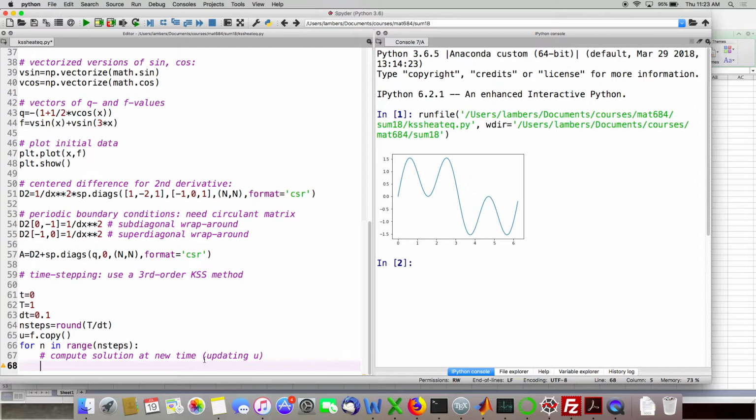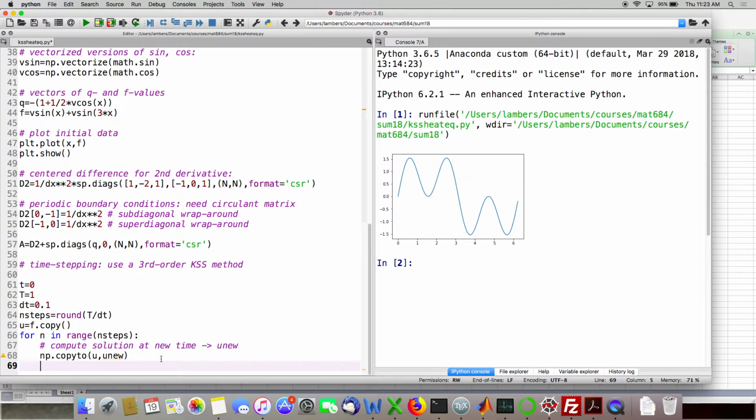Once that's done, I'll call my new solution u new, and then I will copy u new into u to set up the next time step. I'm using a separate variable because I'm going to be referring to u throughout. I don't want to override it until I'm completely done.